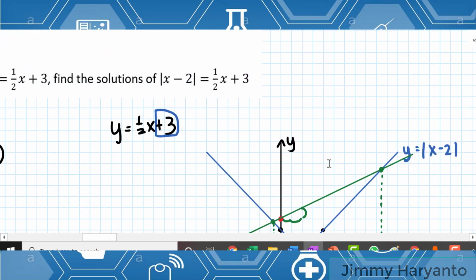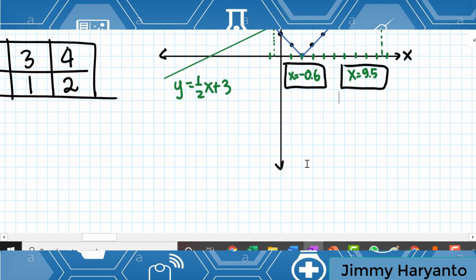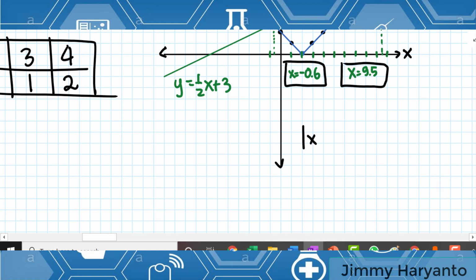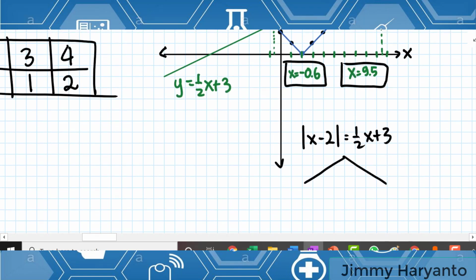Now let's calculate it with algebra to check whether it is correct or not. Absolute value of x minus 2 equals half x plus 3. We have to separate them into 2. So we have x minus 2 equals half x plus 3, and the second one, x minus 2 equals negative half x minus 3.